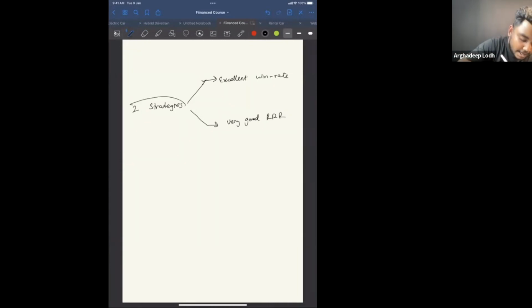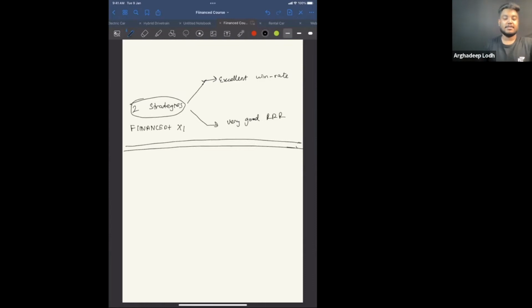And both of these strategies are called Finance Plus X1. Both strategies are named Finance Plus X1.